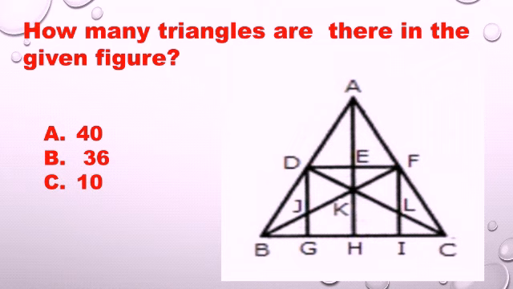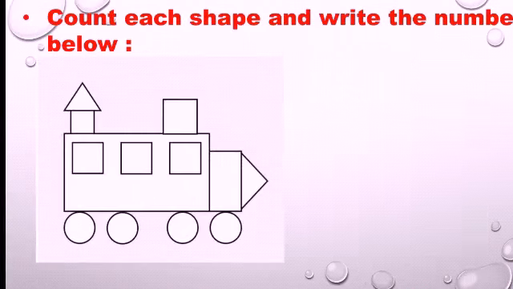See here, A, B, C, D, E, F and L, I, K, H, J, G. These are the points present in this figure. So you have to find out how many triangles are there.